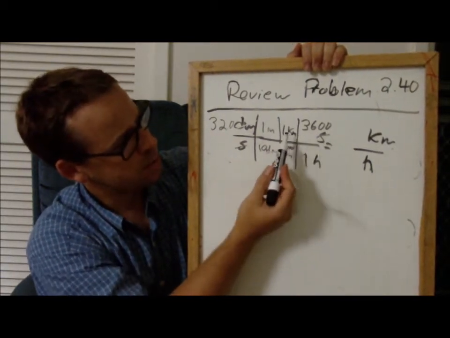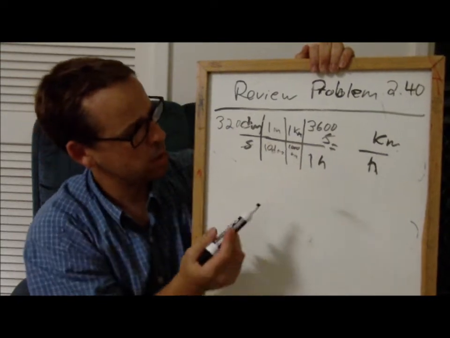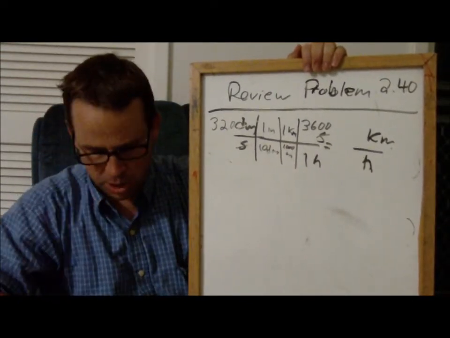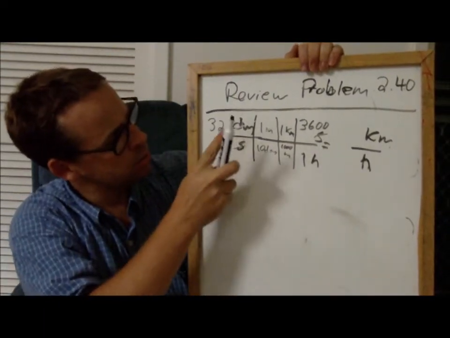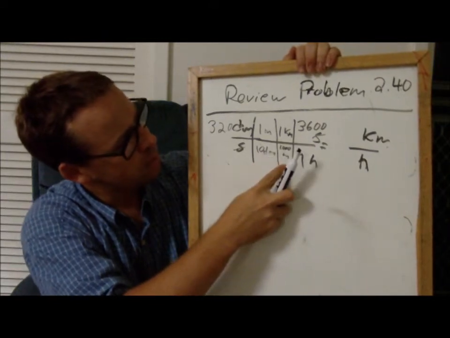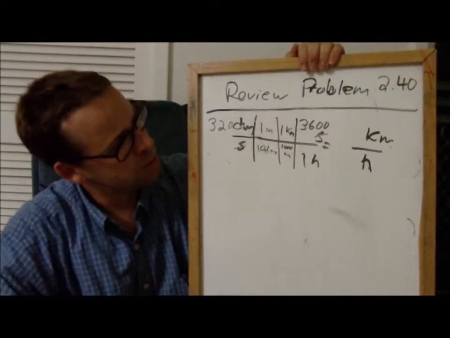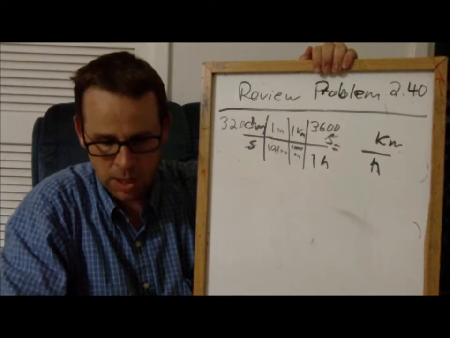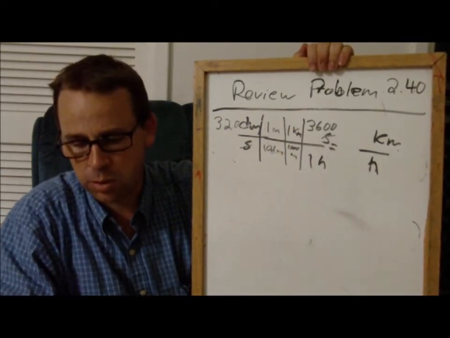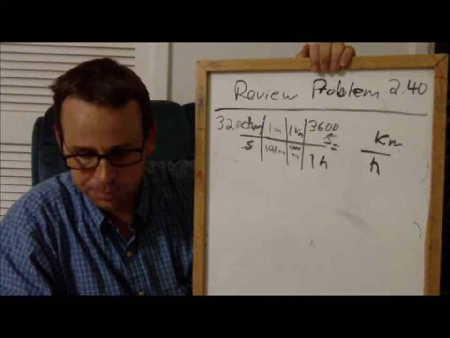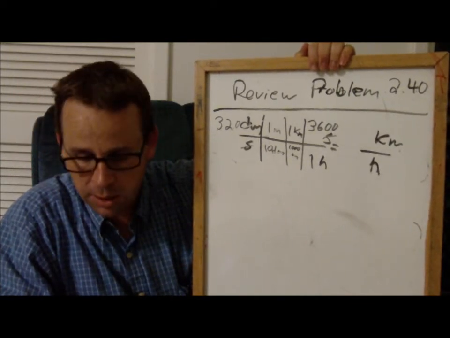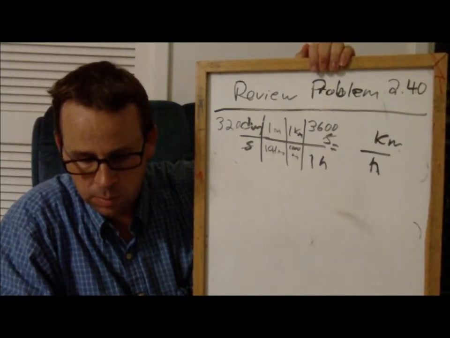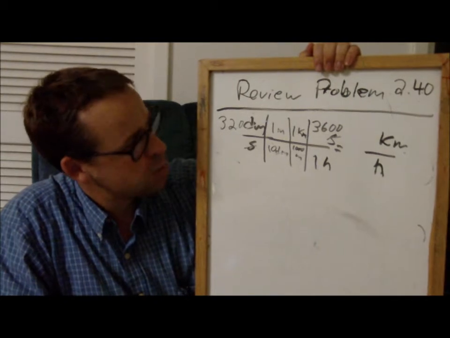Our seconds were canceled out there, per hour, and that's what we want, kilometers per hour. So we put this into our calculator: 32 divided by 10, divided by 1,000, times 3,600.